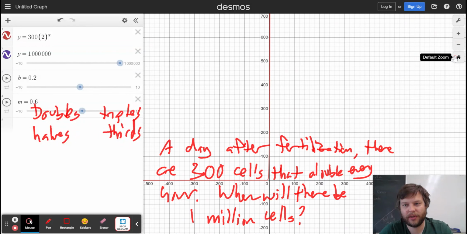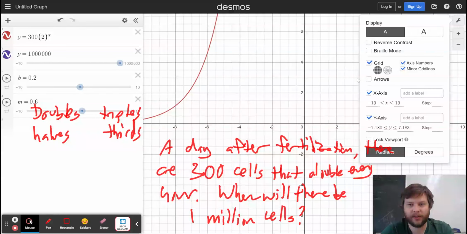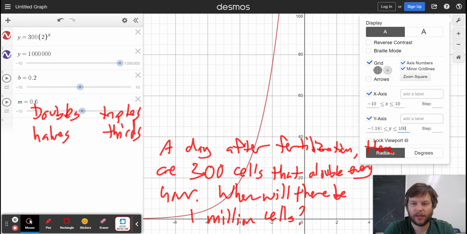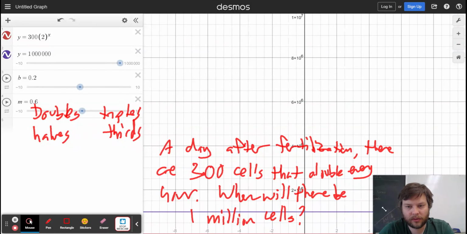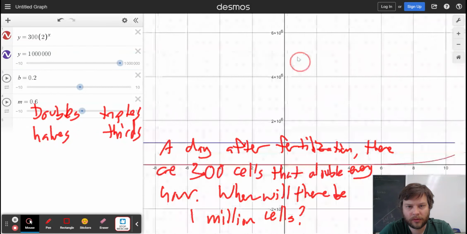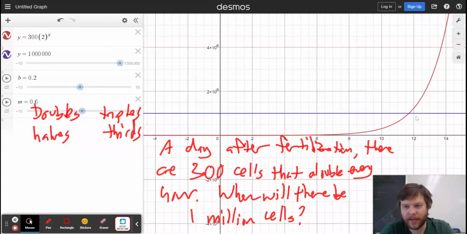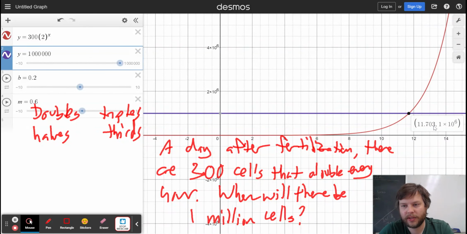A faster way to zoom out would be to click on the little wrench up here and make my y-axis go up to a little bit more than a million. And we can see where they cross. There we go. That's where they cross. And so it looks like it takes a little bit under 12 hours.